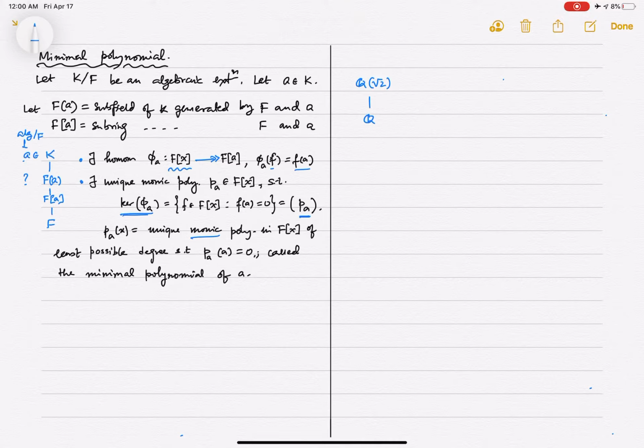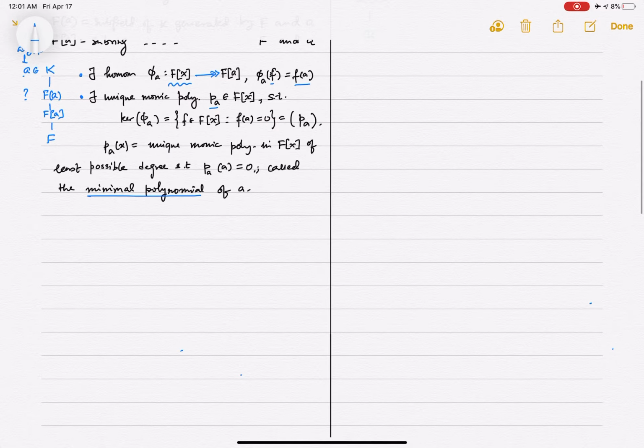There's a unique monic polynomial p_a such that the kernel of this homomorphism is generated by p_a. This p_a is called the minimal polynomial of a. In fact, it's the unique monic polynomial in f[x] of the least possible degree that has a as a root.